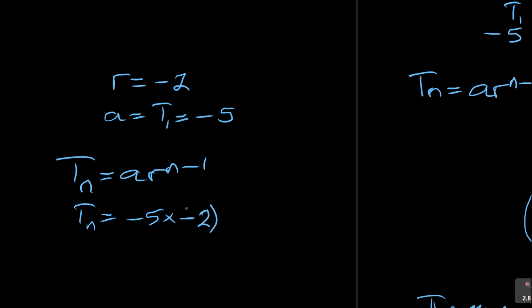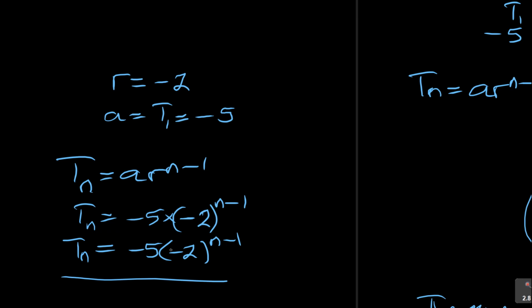Put a bracket also on negative 2, and then n minus 1. So it is equal to negative 5 times (negative 2)^(n minus 1). If you don't put a bracket times, you can even leave the times, since the bracket will come in. That's it. That's the general term.